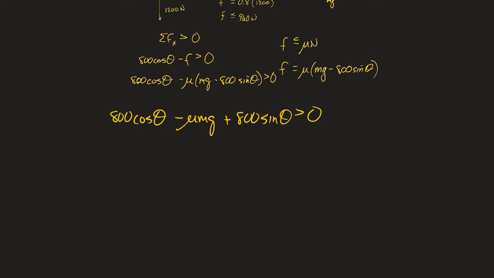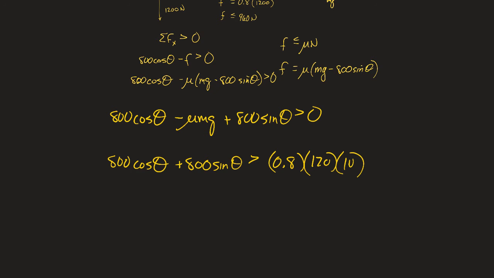Mu mg is just a number, right? Yeah, so 800 cos theta minus 800 sine theta greater than or equal to 0.8 times m times 10. Oh, I didn't distribute the mu.